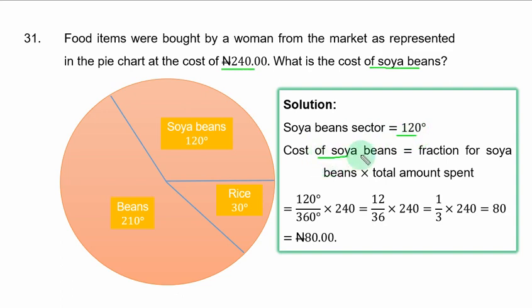Now, cost of soya beans is equal to the fraction of soya beans times total amount spent. That fraction is simply sectorial angle over total angles times total amount spent. That is 120 degrees over 360 degrees times 240. That simplifies to this, and finally you have the cost of 80 naira.